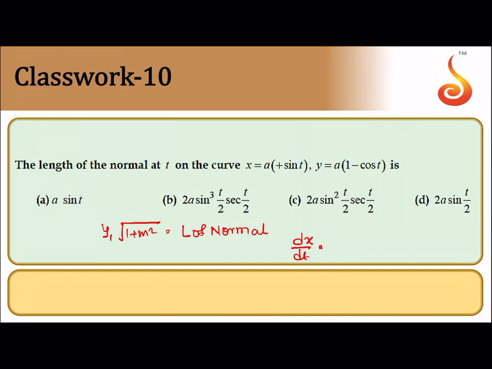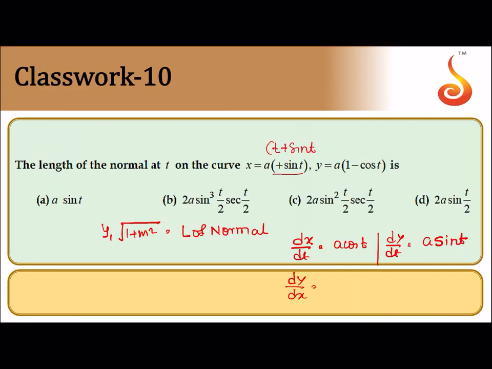Example 10. Length of a normal. What is the length of normal formula? y1 into under root of 1 plus m square is the length of normal. Simple one. So dx by dt will give you a cos t, and dy by dt will give you a sin t.